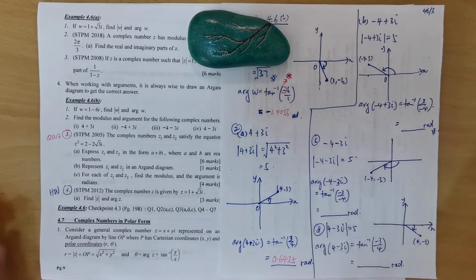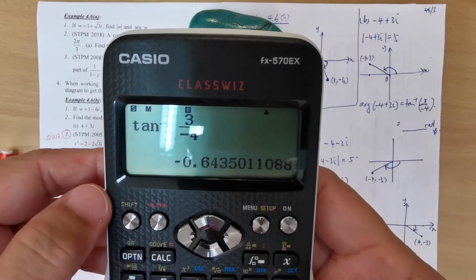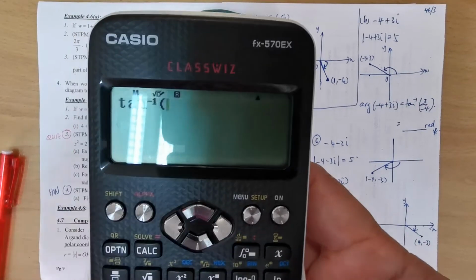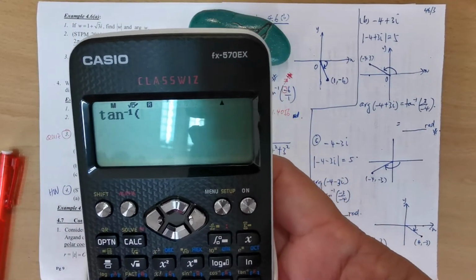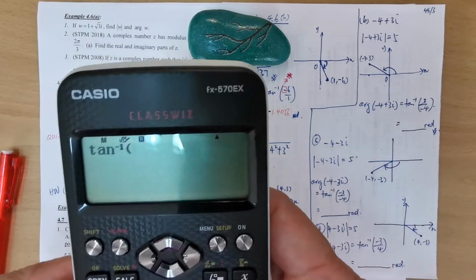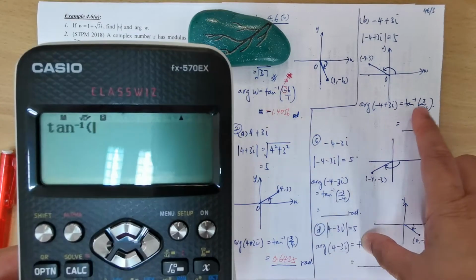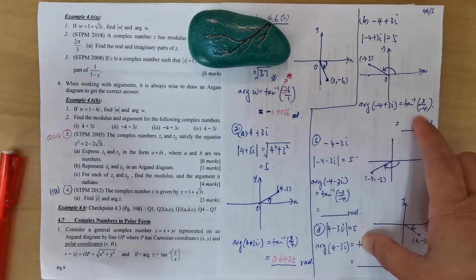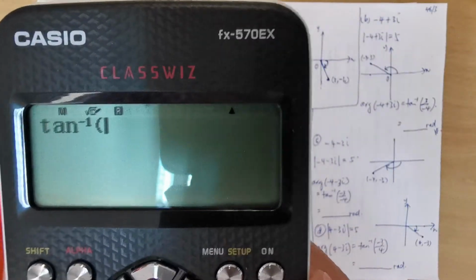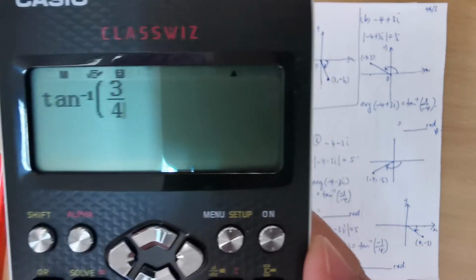One of the methods I can tell you is, when you press your calculator to find the arctangent, don't press any negative sign, even though it has a negative. For example, first when you write your solution, you still write 3 over negative 4. But when you press the calculator, you don't press the negative, you press 3 over 4.